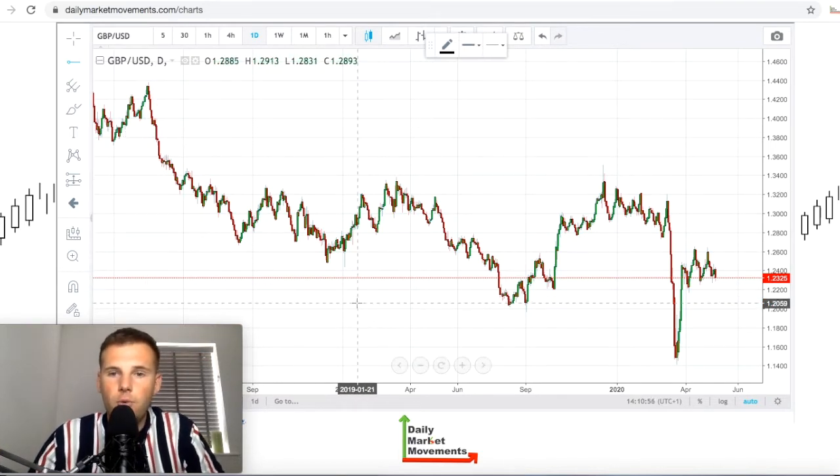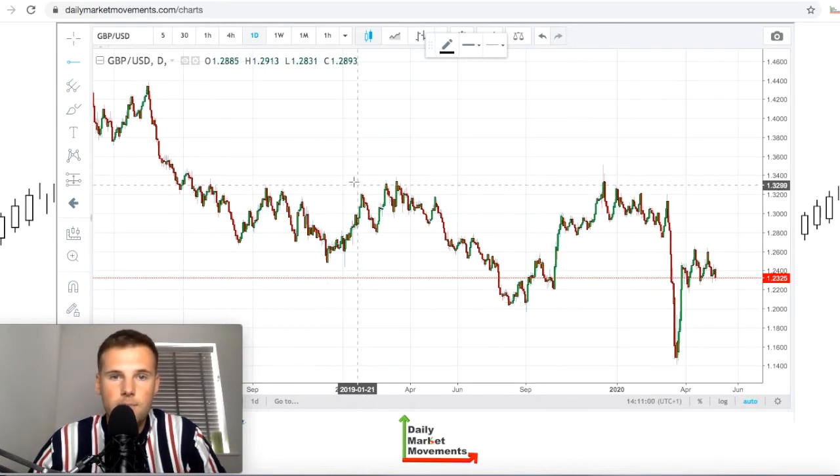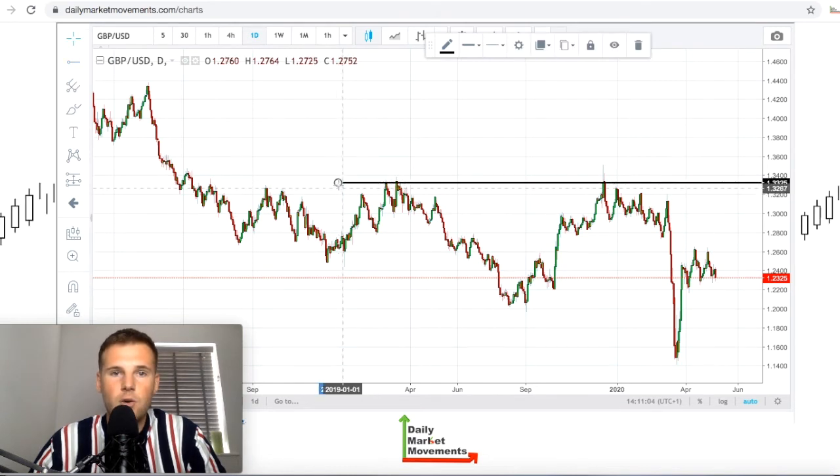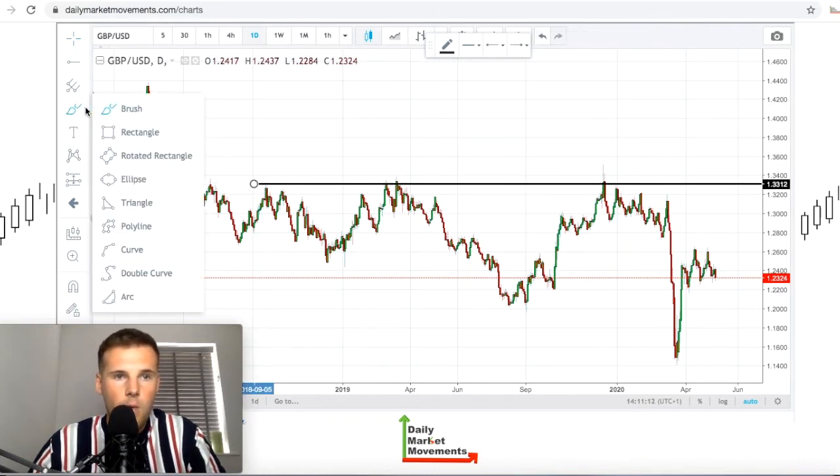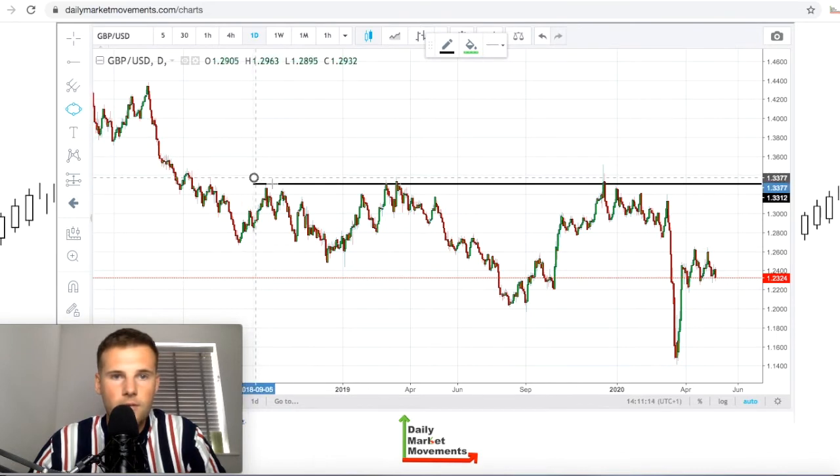First of all, I'm going to draw the resistance level in this market, and as you can see, on three separate occasions the market has struggled to break above this price of 1.33. I'm going to highlight that with a nice green circle. The first attempt to break above was here.